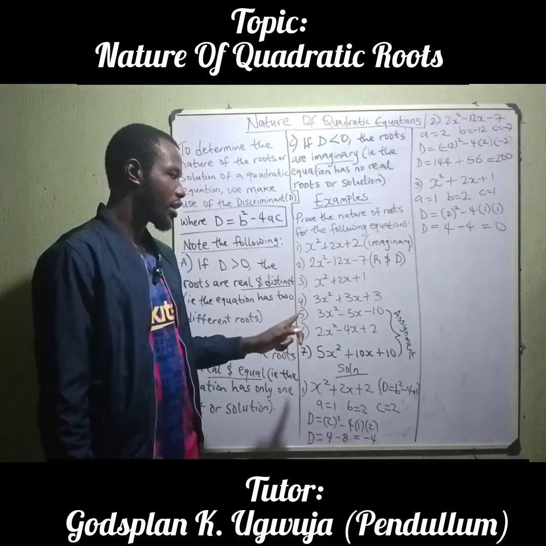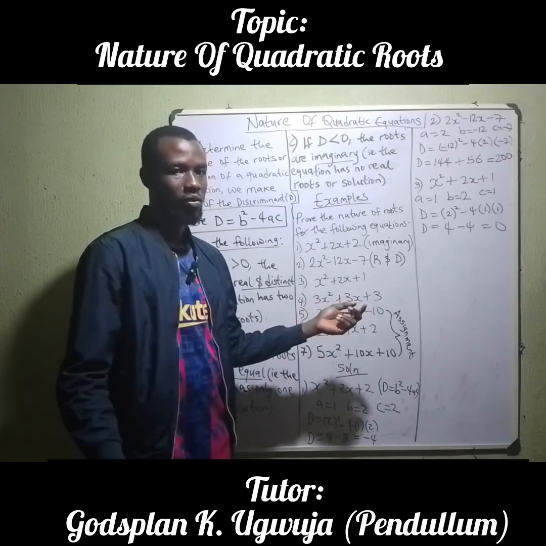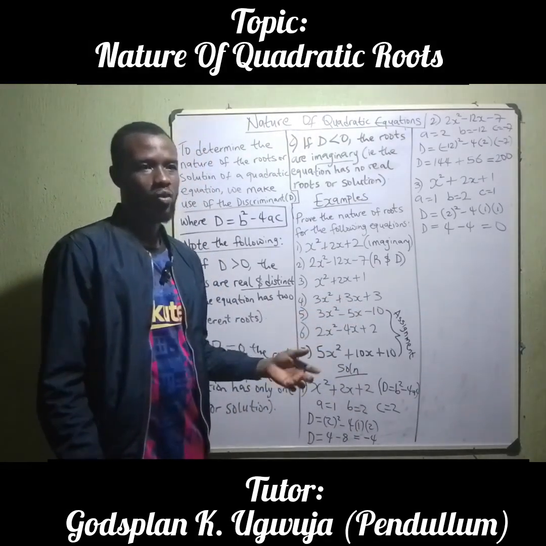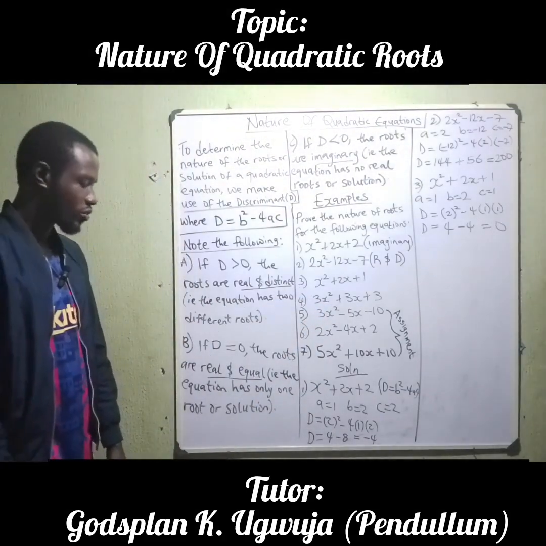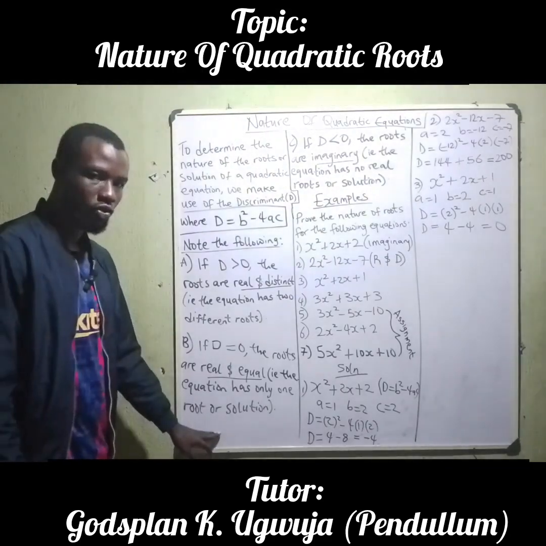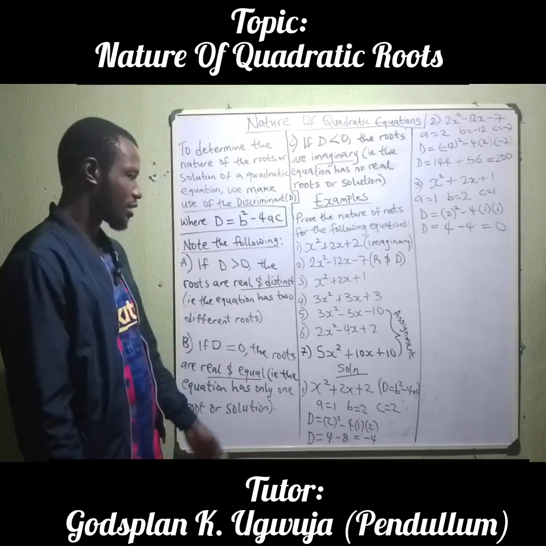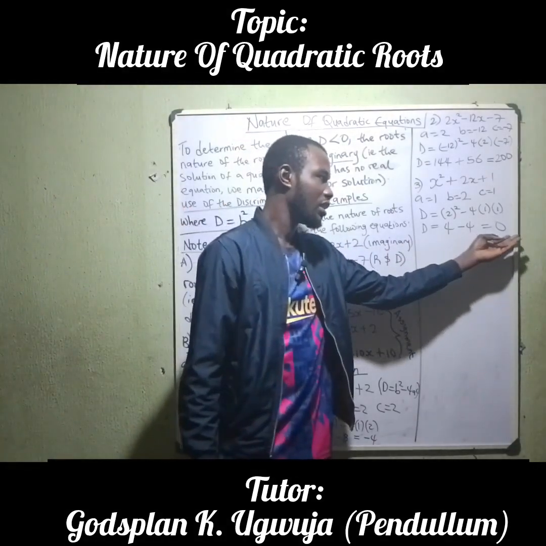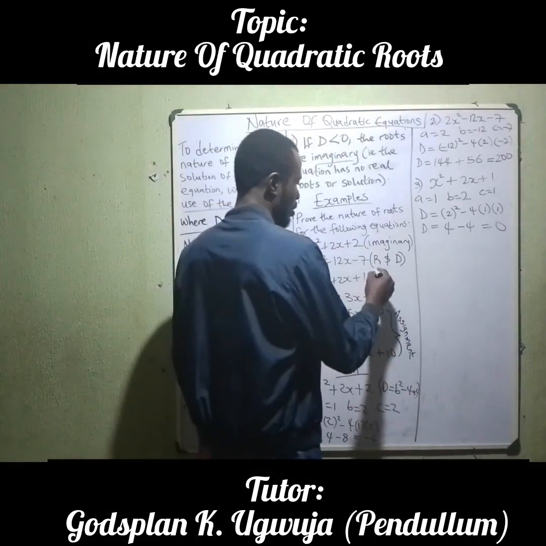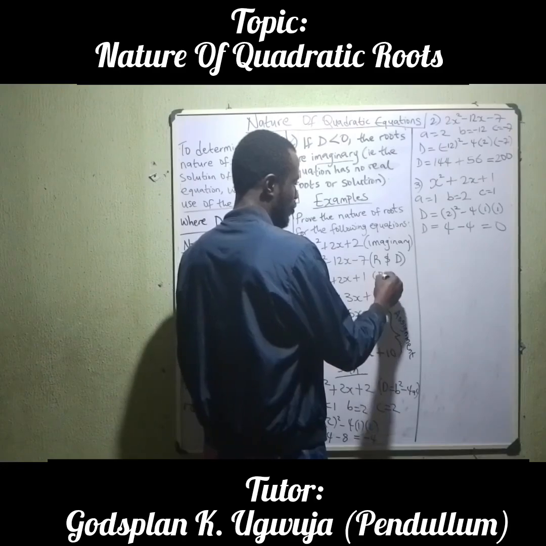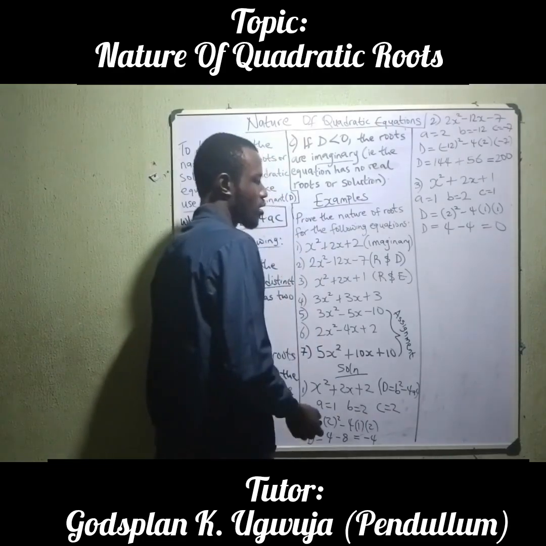I can't tell if it's positive or negative 1, but you can solve it and know which one it is actually. You're going to get two repeated answers because, as you can see, d is equal to 0. So you can prove that one by yourself. So the answers here are real and equal.